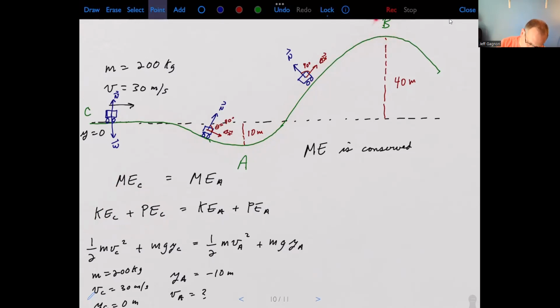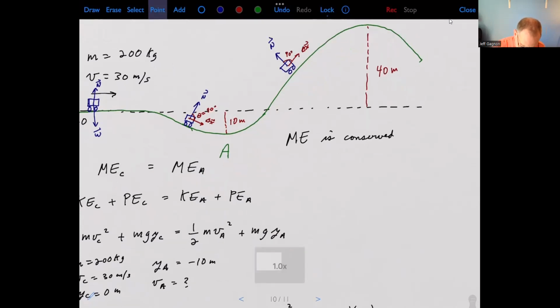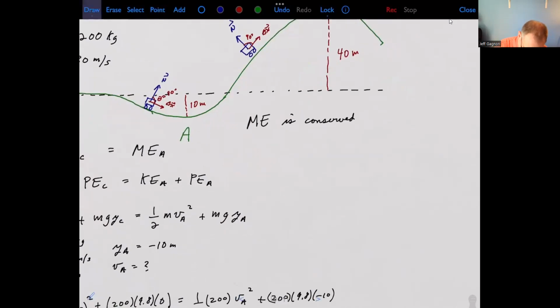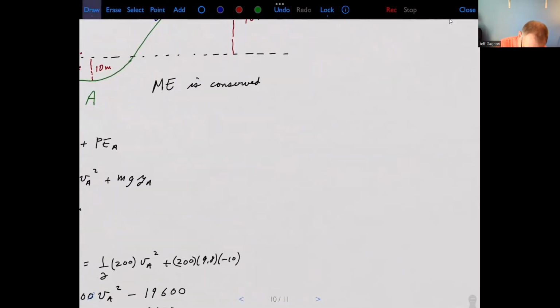So to calculate the velocity at point B, or the speed at point B, I can say the mechanical energy at C equals the mechanical energy at B, or the mechanical energy at A equals the mechanical energy at B. It's going to be the same regardless. I'll use the mechanical energy at C equals the mechanical energy at B. It's exactly the same thing we just did, except now I'm applying it to point B. So I'll do it over here.